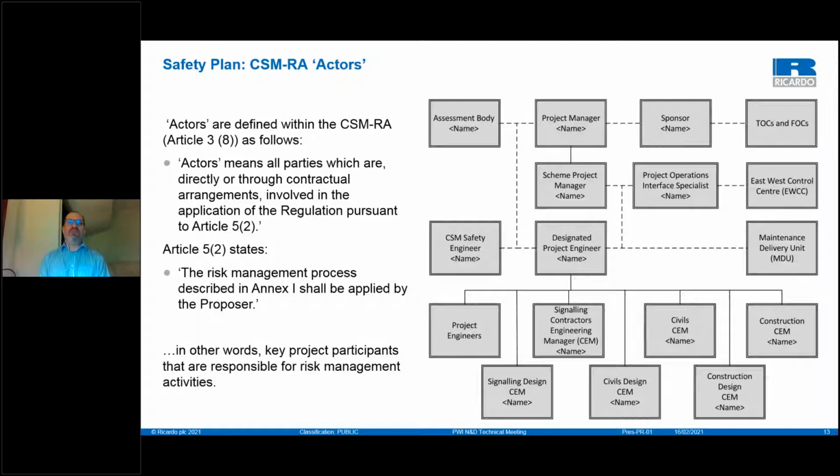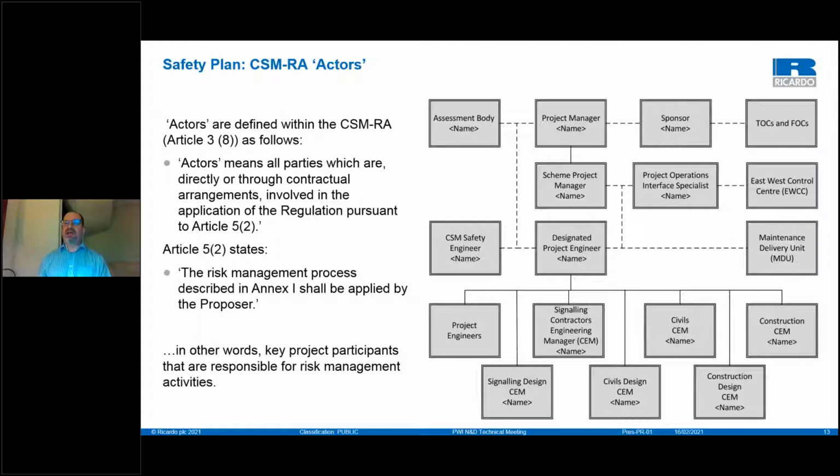Support might be given to the CSM safety engineer. Day-to-day management will be through the scheme project manager and the designated project engineer. You've got the project operations interface specialist, which will interface between the project and the railway operational functions such as Network Rail Ops and the train operating companies. You've got the control centre.